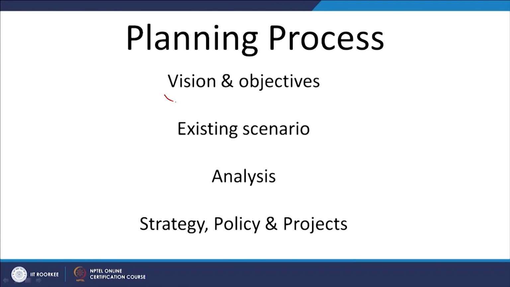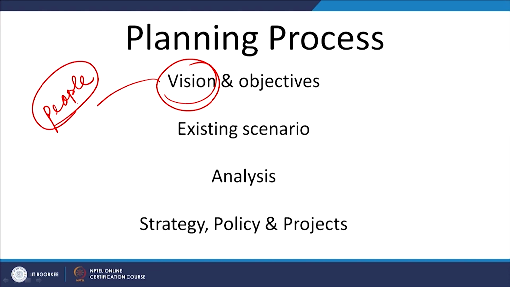So, every planning process starts with a vision. It tries to accommodate the vision of the people of that area. After the vision there is a stage called existing scenario.